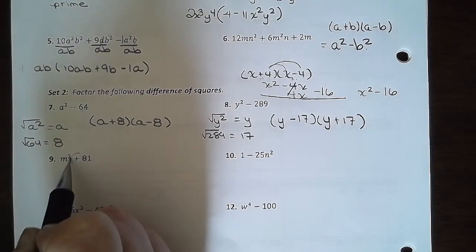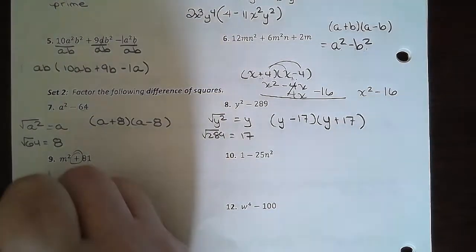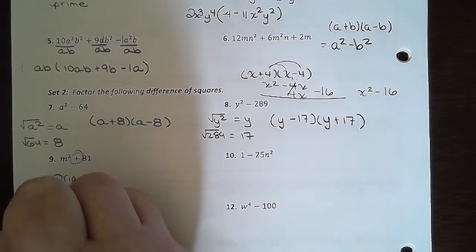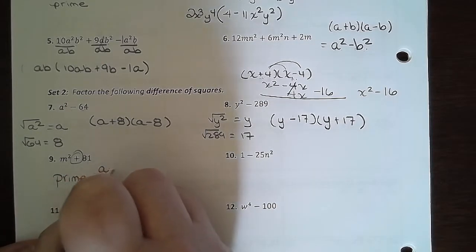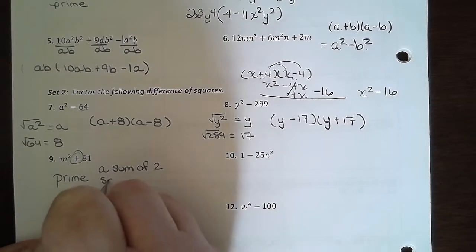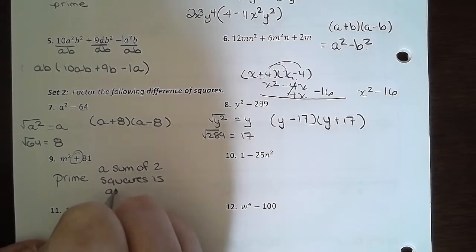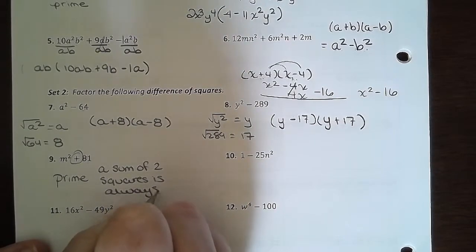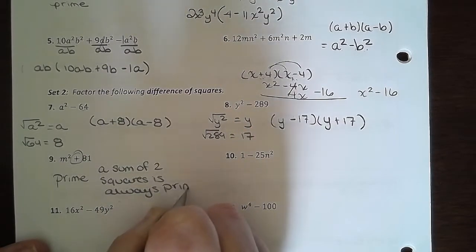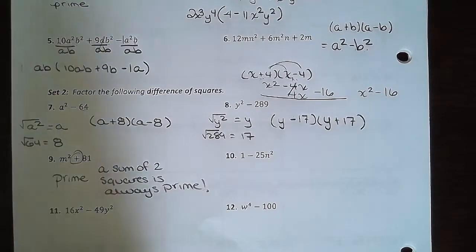But look right here. This is a sum. So a sum of two squares is always going to be prime. Okay? So I cannot factor that.